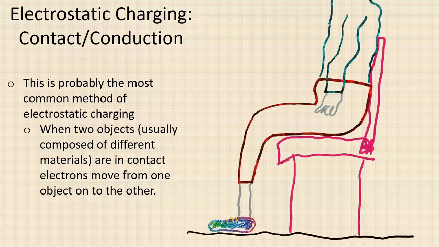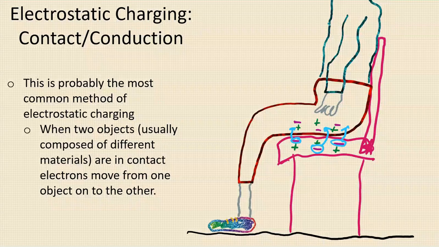So for example, let's say you're sitting in a chair. Your clothing is usually a different material than the chair itself. So just like we looked at before, the chair is going to have some charges in it, still neutral. You're going to have charges on your clothing, still neutral, but over time as you sit there, some of those electrons from the chair maybe will move up into you.